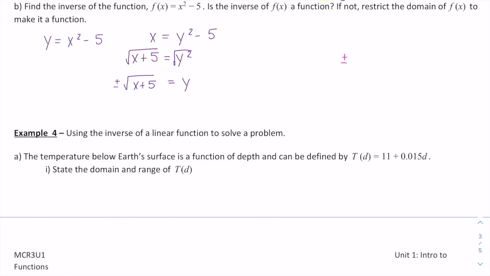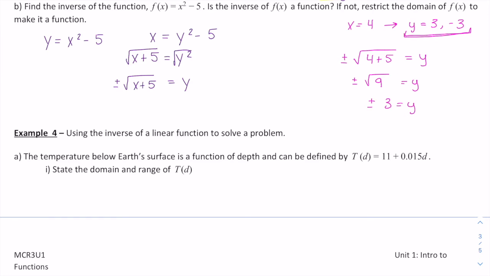If I plug in 4 for x, I would have plus or minus the square root of 4 plus 5 equals y. So that would give me plus or minus the square root of 9. So we'll get plus or minus 3 equals y. In this case, my values for y would be 3 and negative 3. Because I have these two values for y, this is not a function.